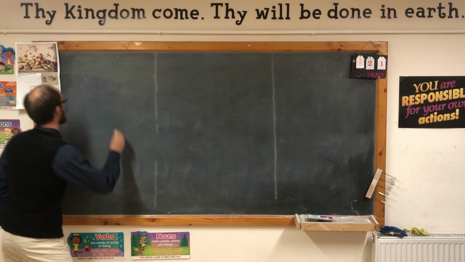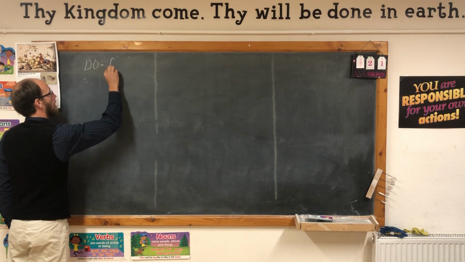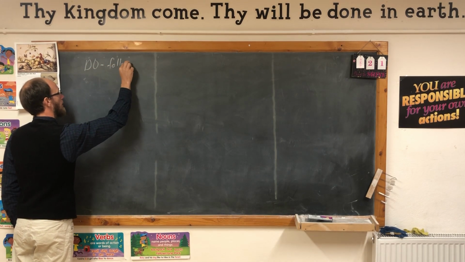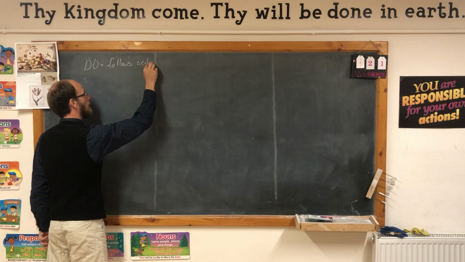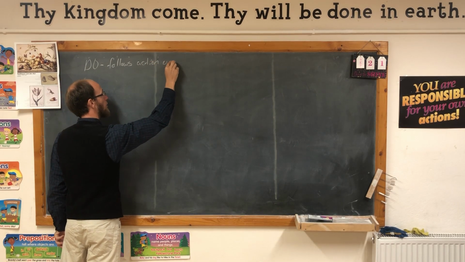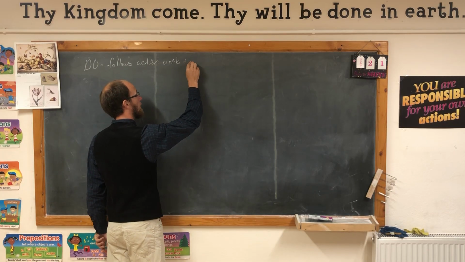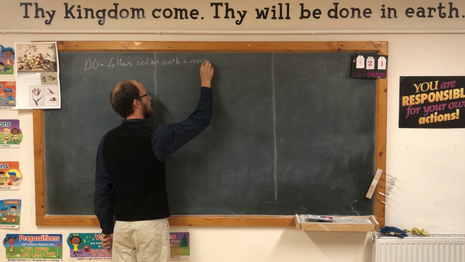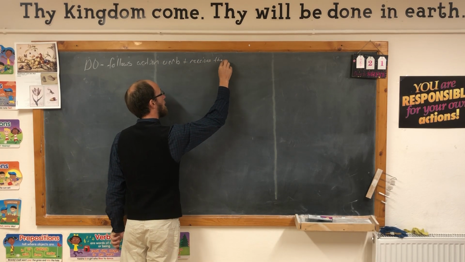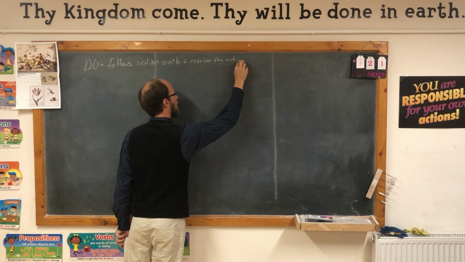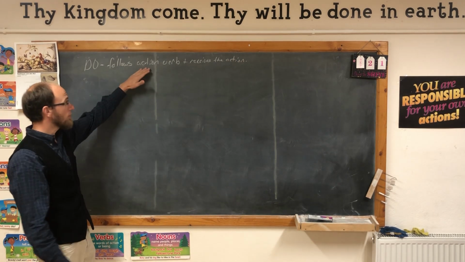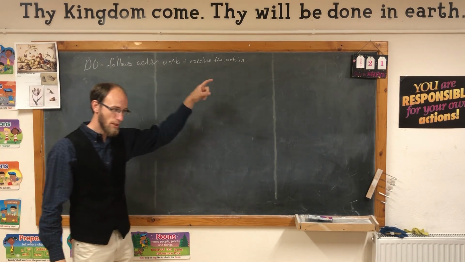A direct object follows an action verb. Very important. Follows an action verb and receives the action. Okay, if you have an action verb in the sentence, you can have a direct object.